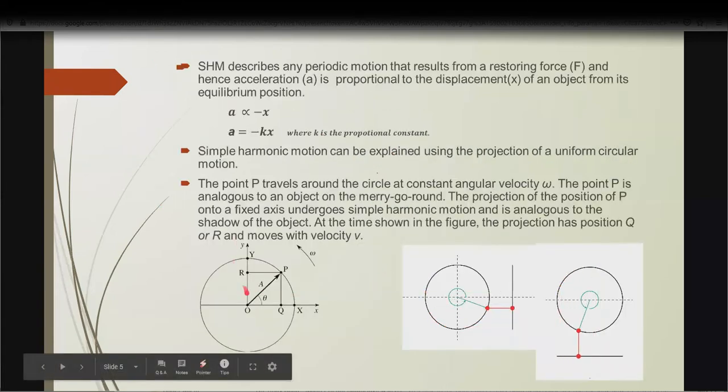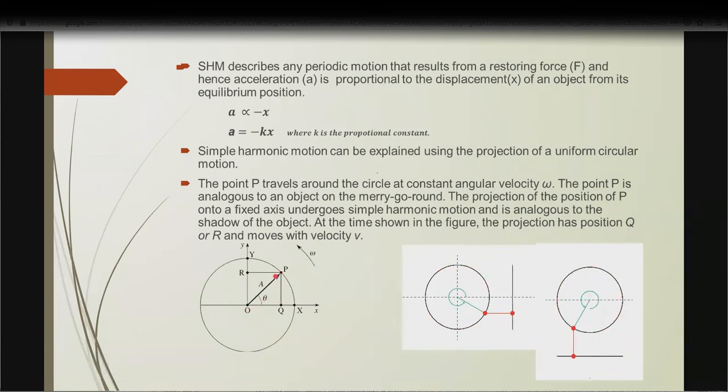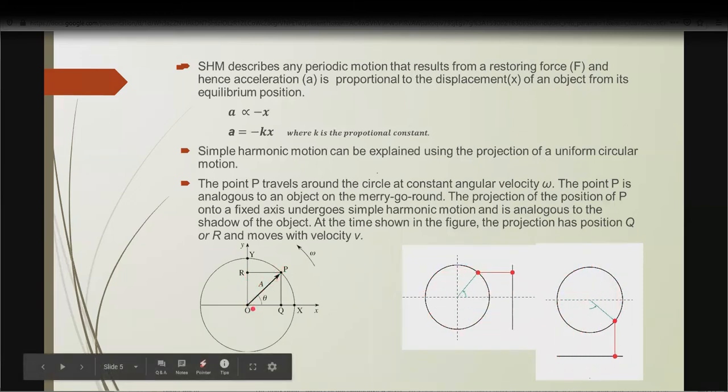If this is OR, this is the displacement of the projection, the image of the particle. If it is OR, it is equal to A sine theta, where A is the radius of the circular path.